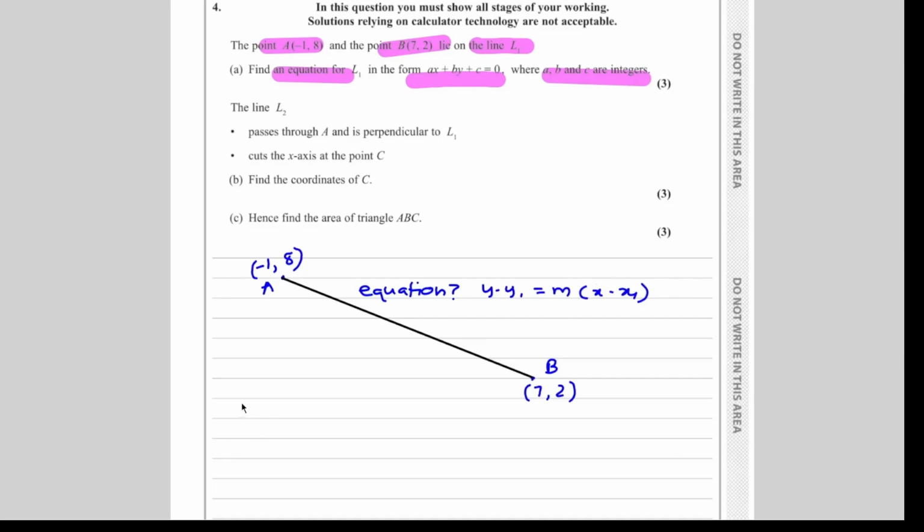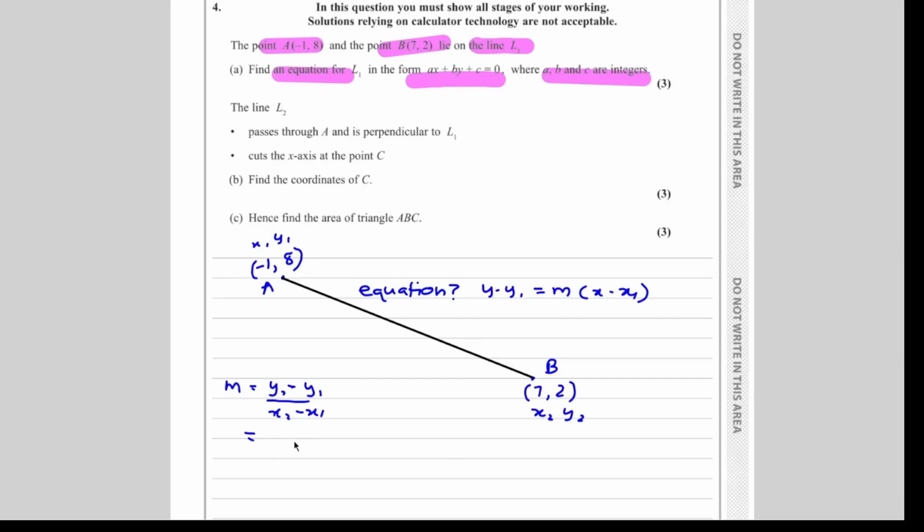For any gradient, I know that m equals y difference over x difference, when we are having two coordinates. y2 minus y1 over x2 minus x1. So let's get this one as x1, y1, and this one as x2, y2. Let's substitute the values into this.